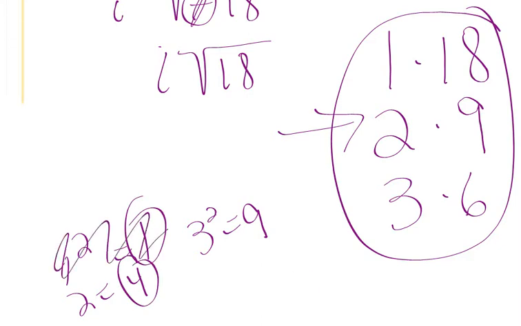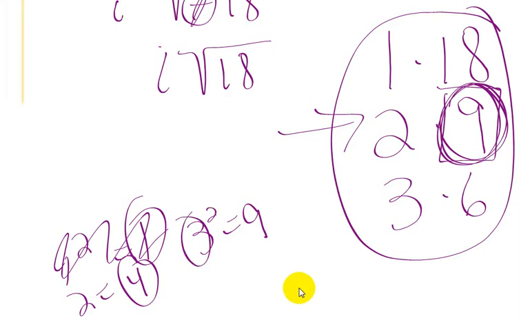Do you see a 4 or a 9 over here in our factors? Come on, guys. Yes, we've got a 9 right there. That's a perfect square. A perfect square of what? 3. So this is a perfect square factor in 18.